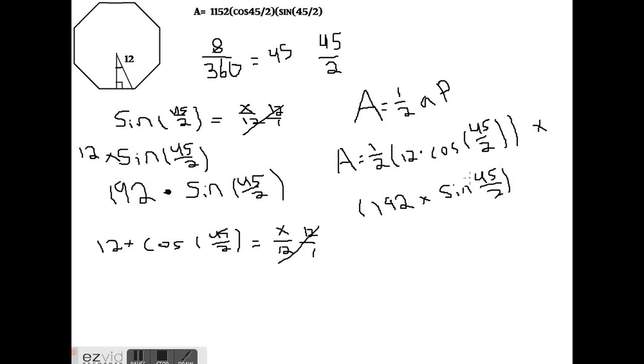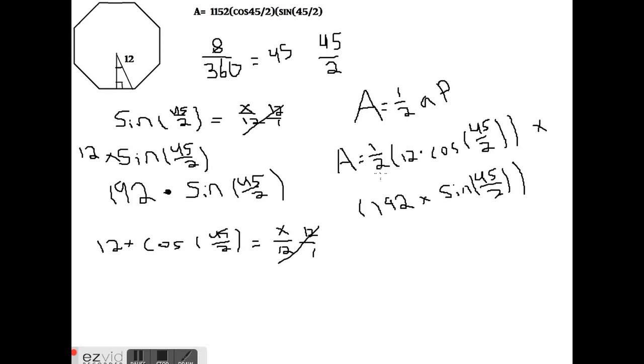Alright, so we have that, and now we can simplify. So we take the 2 out of this and divide it by 12, then we would get 6.